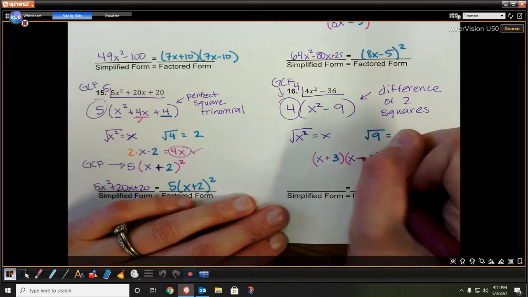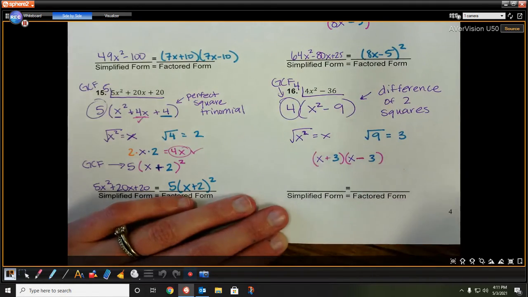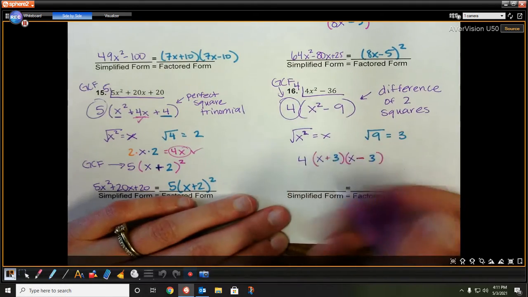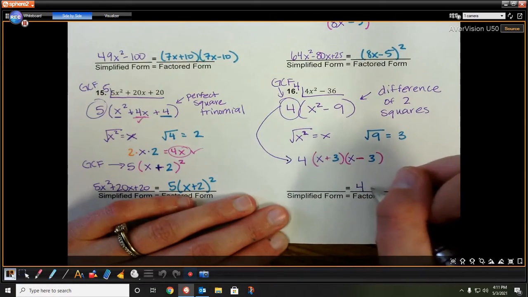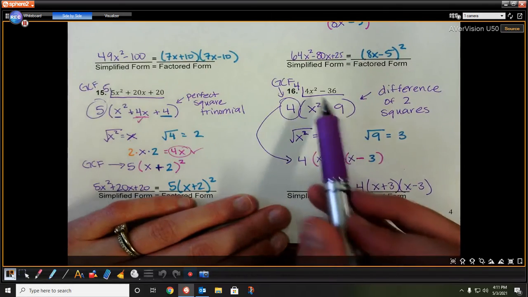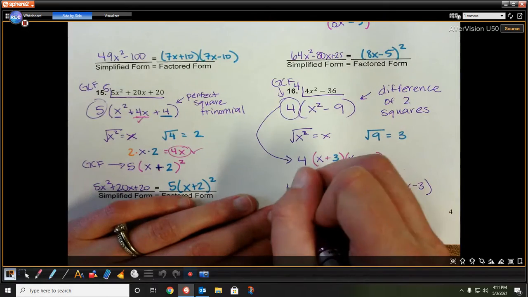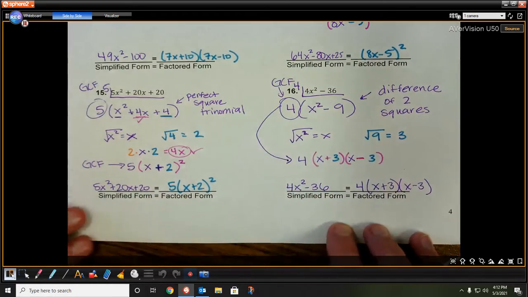And we can't forget about our GCF that we got up here at the beginning. So our factored form is 4 times x plus 3 times x minus 3. Our simplified form was this very first form they gave us here, this 4x squared minus 36.